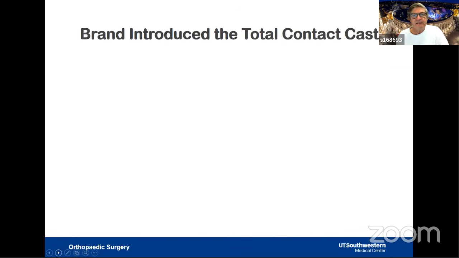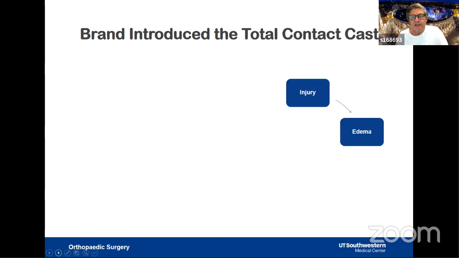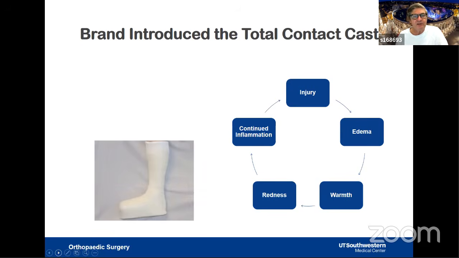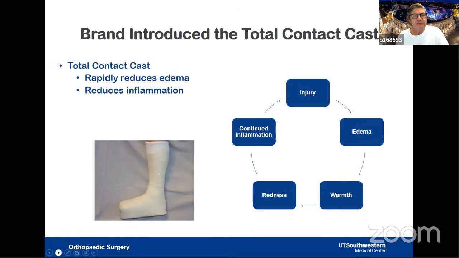Dr. Brand, as we talked about last week with foot ulcers, introduced the total contact cast. And again, we have an injury that results in edema, the classic signs of inflammation, warmth, redness, continued inflammation. You put on a total contact cast, what happens? It actually rapidly reduces the edema. It rapidly reduces inflammation and protects from further injury.